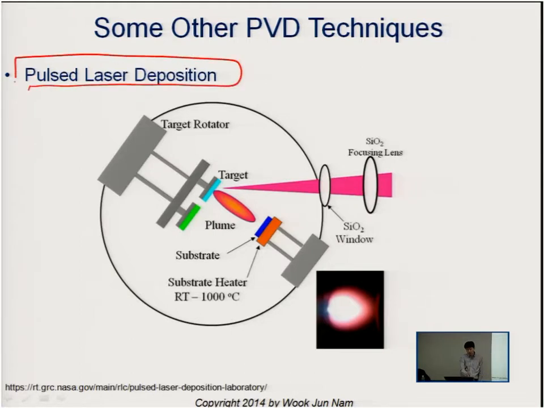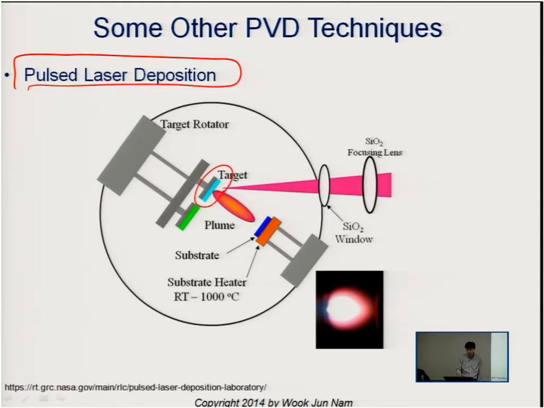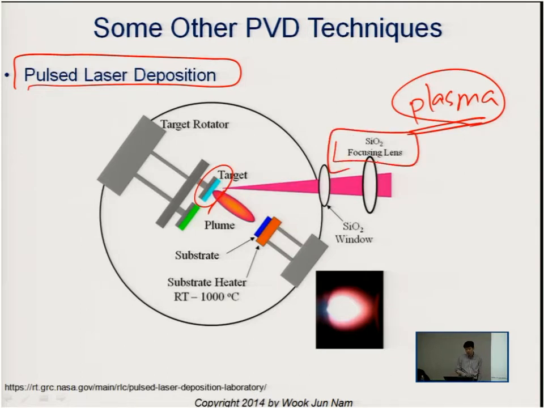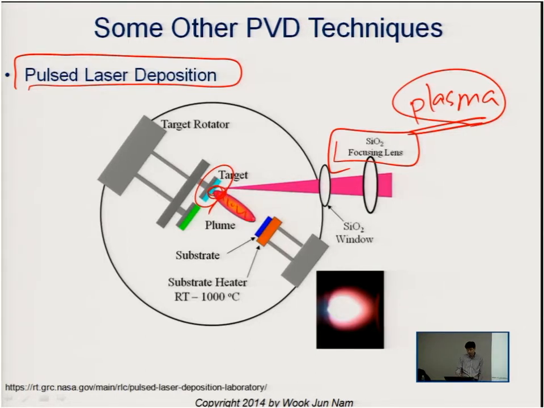Nowadays, people are using pulsed laser deposition. The technique is kind of the same, like a sputtering tool, it has a target. Sputtering uses plasma, and pulsed laser deposition replaces the plasma with a high energy laser, and using the laser, it evaporates the target materials, and eventually they are deposited on the substrate.